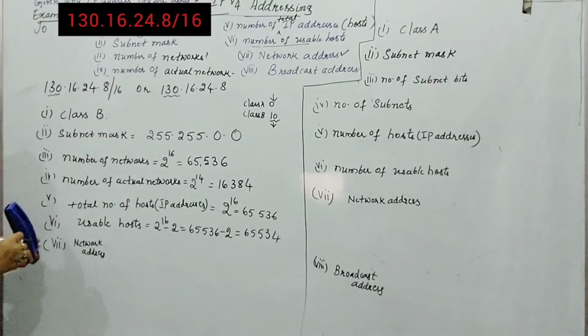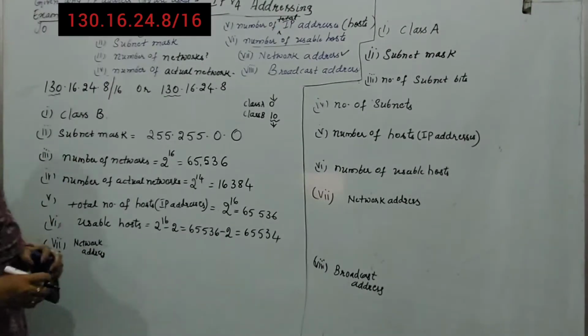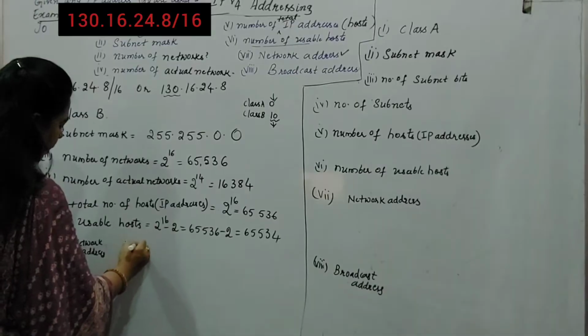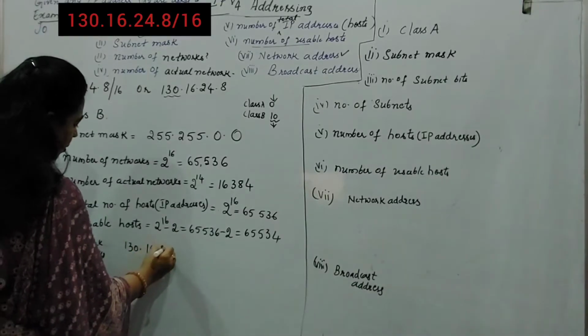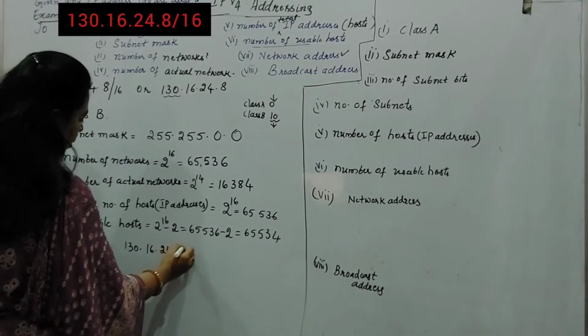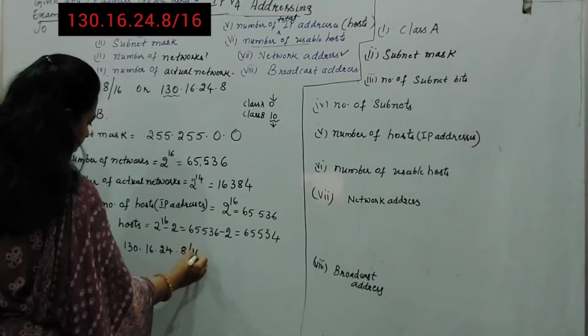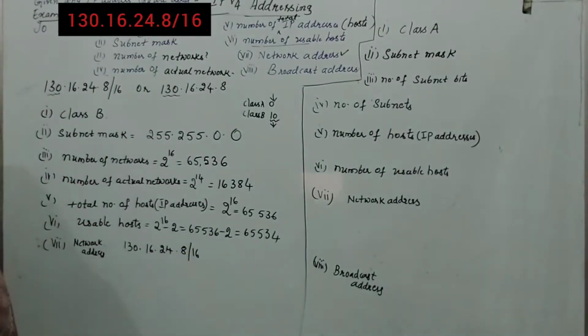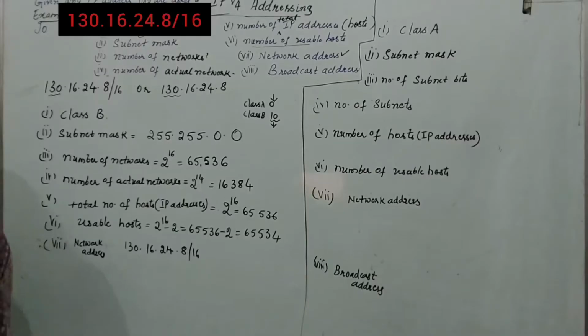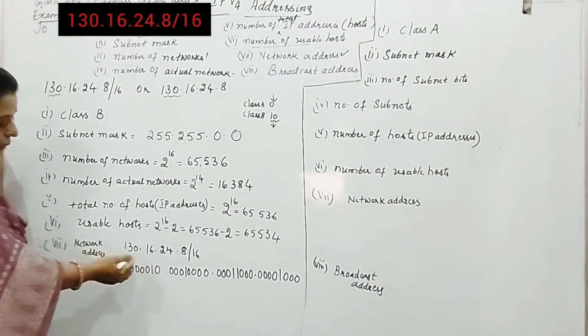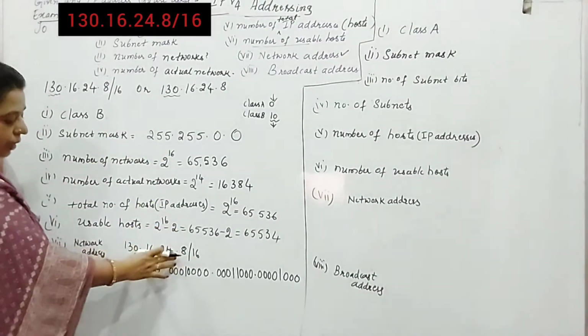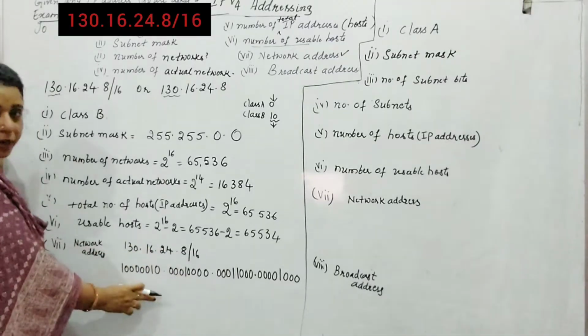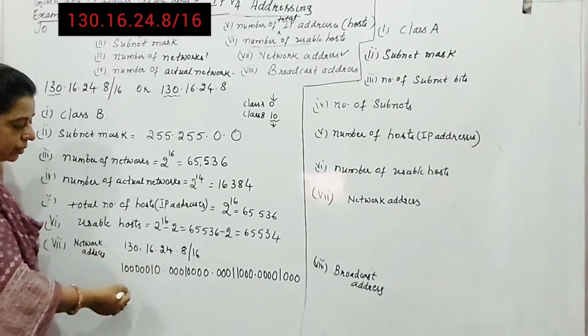For the network address, always write the given IP address in binary. The given address is 130.16.24.8/16. To find the network address, first copy down the given IP address as it is, then write the equivalent binary values so that it will be easy for you.